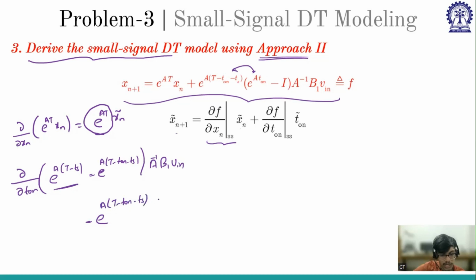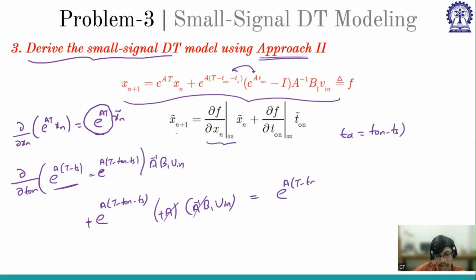Again, I have to differentiate the numerator. So I'll get minus A into A inverse into B1 into V. So minus, A inverse A cancel. This minus will become plus. And t on minus Ts, I know tau d is equal to t on minus Ts. So this entire expression will become e to the power A (T minus td) into B1 into V1. So again, t on is what? T on is dT, right?